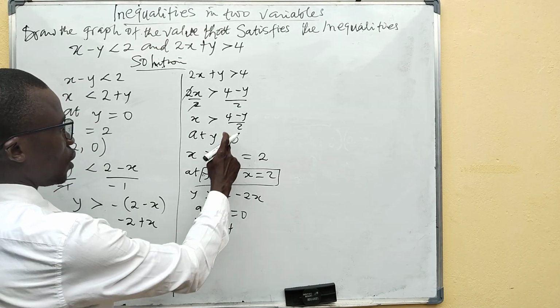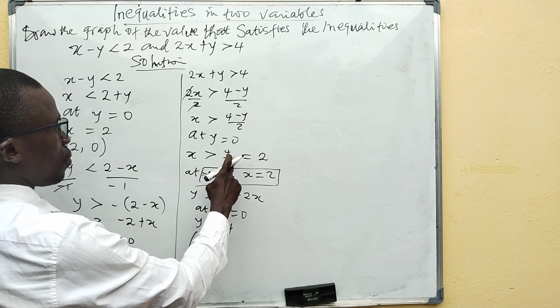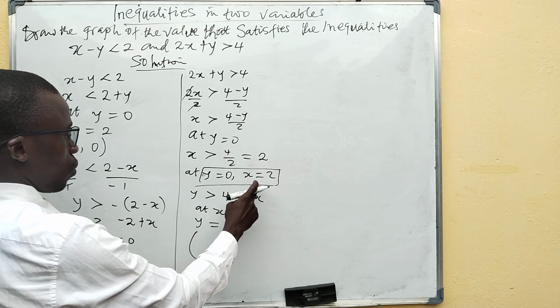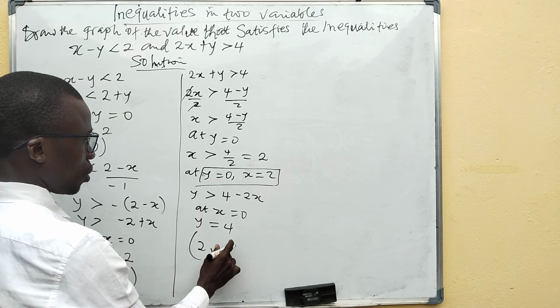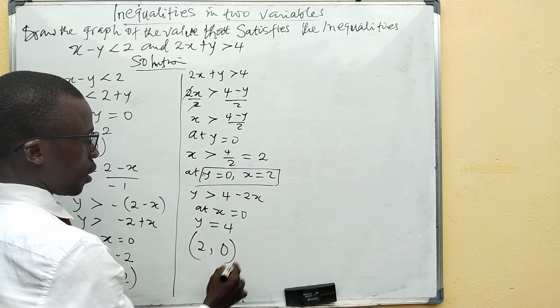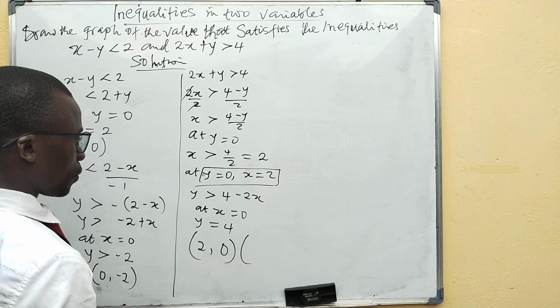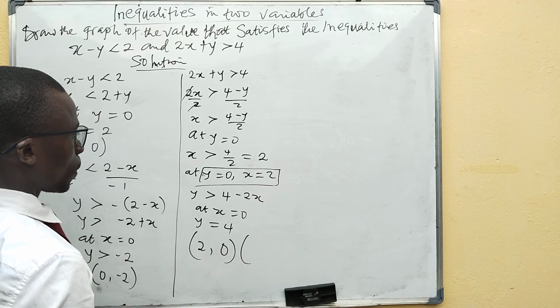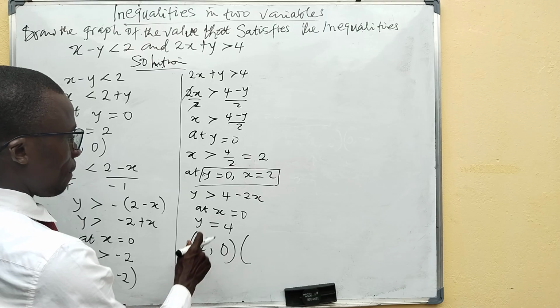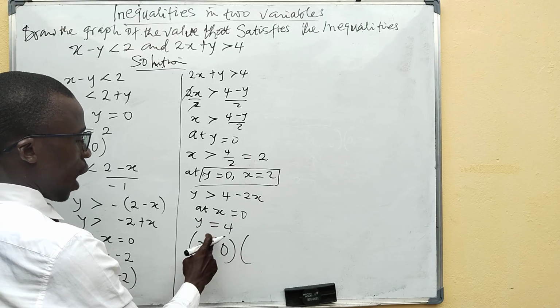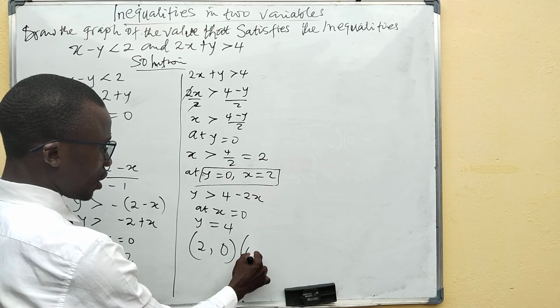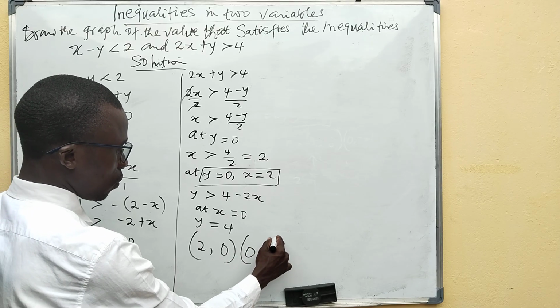So what will be the points? When x is 2, y is 0. And when x is 0, y is 4.